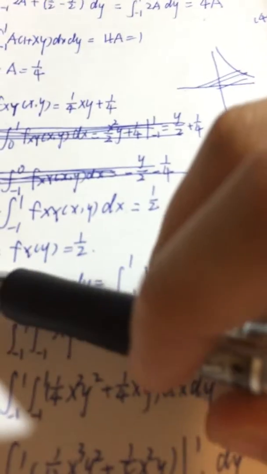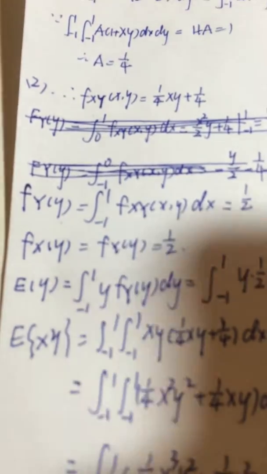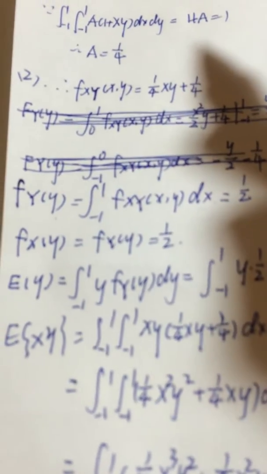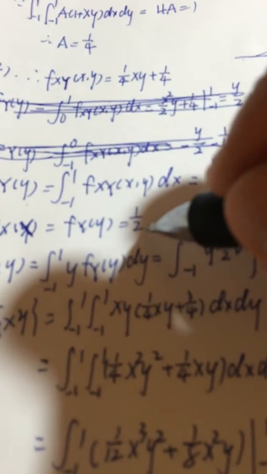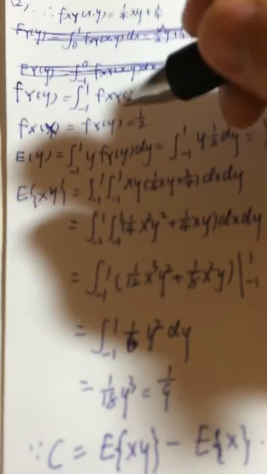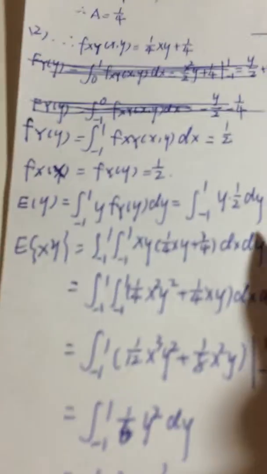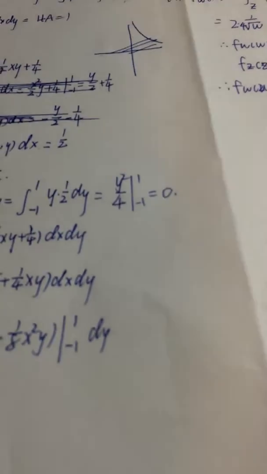So fx is the same as fy, 0.5. We can get the expected value of y by using this formula, and the answer is 0. So E[X] is also 0.